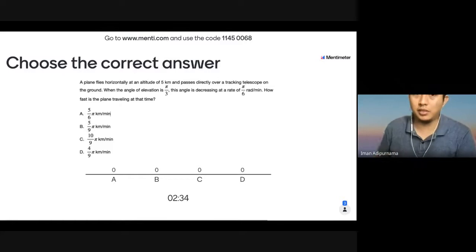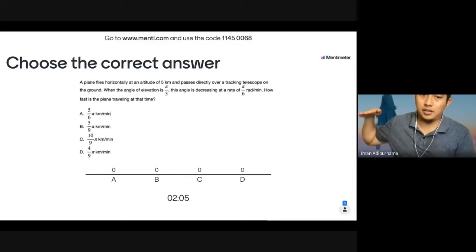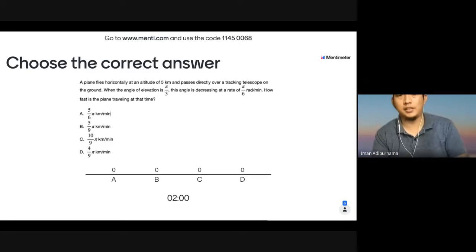This is similar, but this is just a telescope, not radar. But the question is similar.